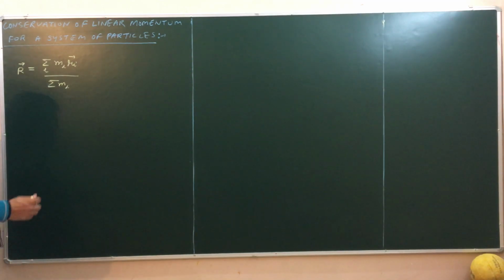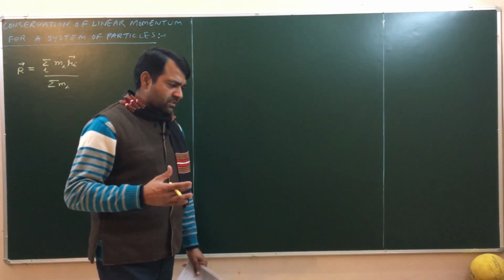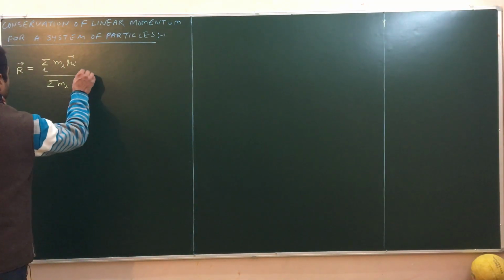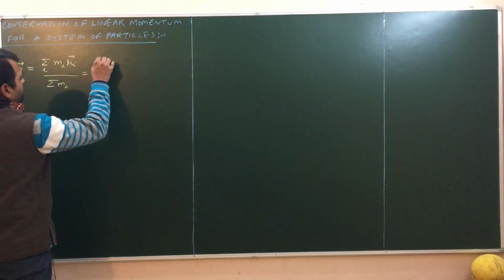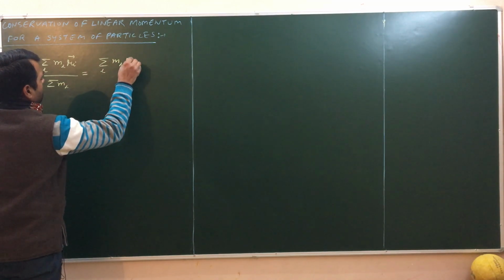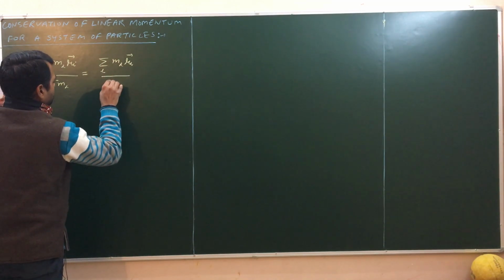In the denominator, sigma mi was nothing but the mass of the system. It can also be written as sigma i mi ri vector by M.